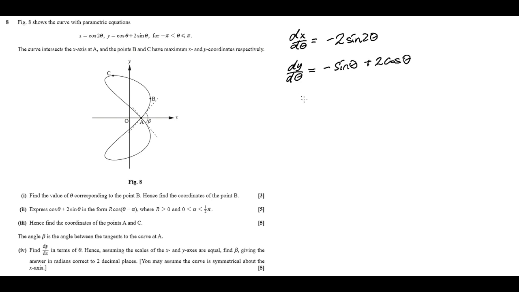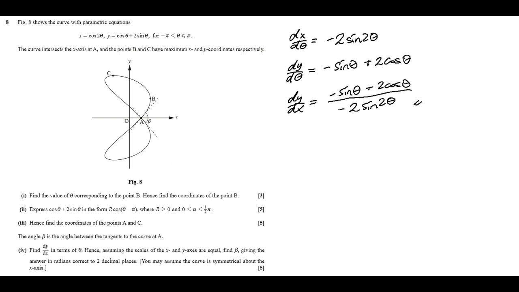And with that, we can find dy by dx equals minus sine theta plus 2 cos theta divided by minus 2 sine of 2 theta. So I've got the dy by dx term. It didn't say simplify, so I don't really care about simplifying at this point.